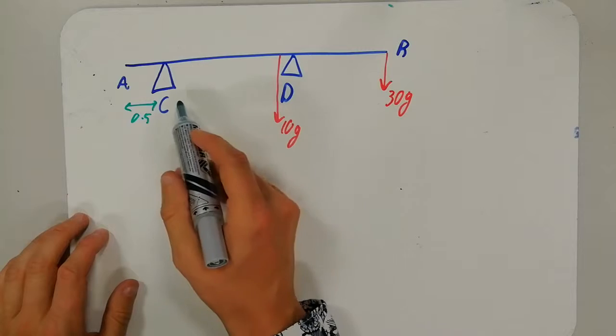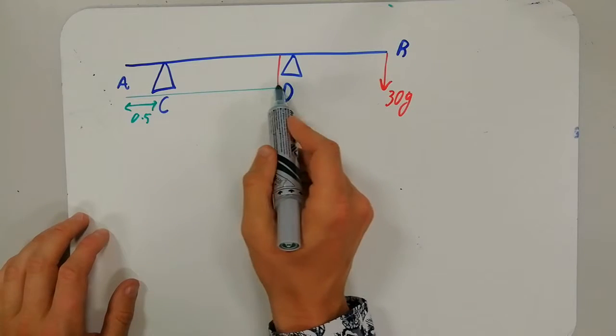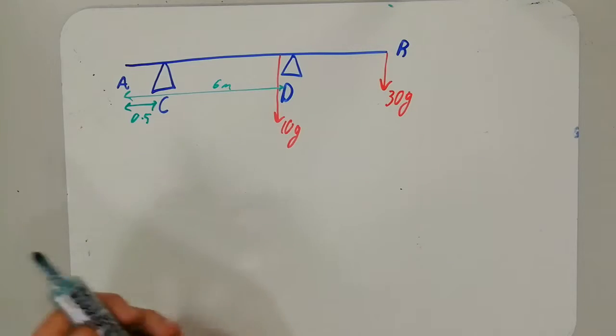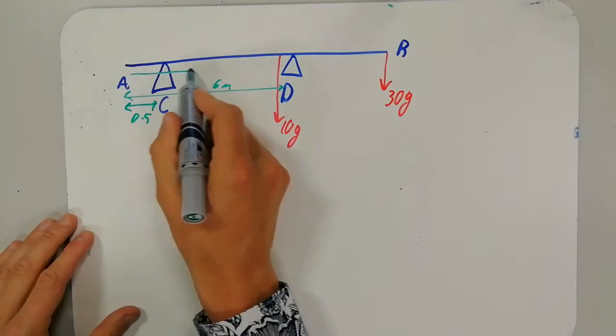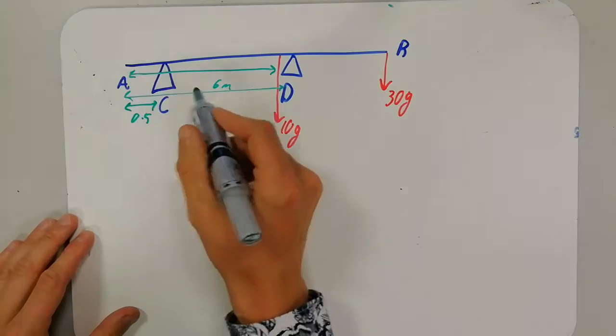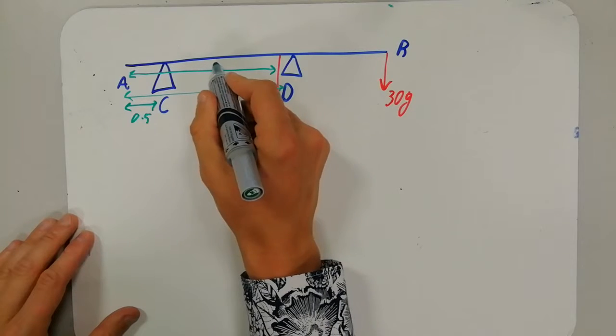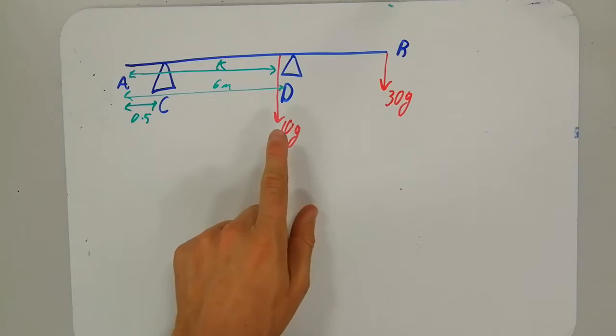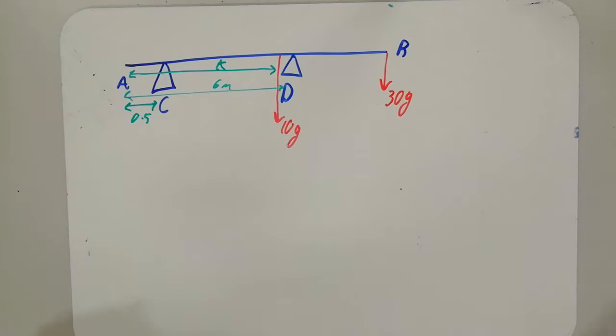Okay, but now we have a non-uniform plank. Distance K, non-uniform, so we don't know it's acting through the middle.